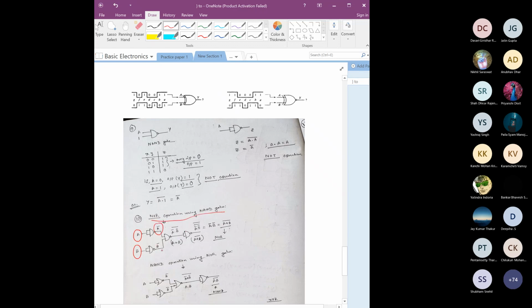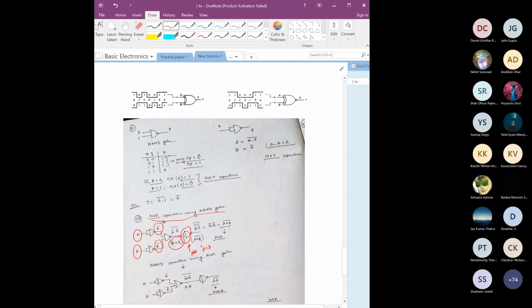Here it is A bar, and here it is basically the AND operation, right? This is AND operation, and if you take this and pass it on, which gate is this? NAND gate, but this is basically an inverter operation, right? Yes, sir.